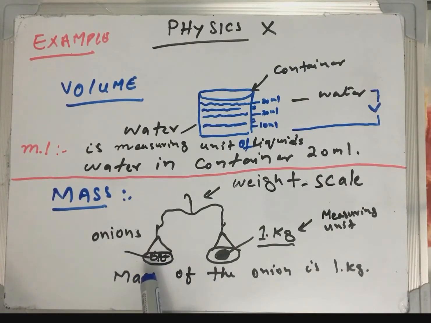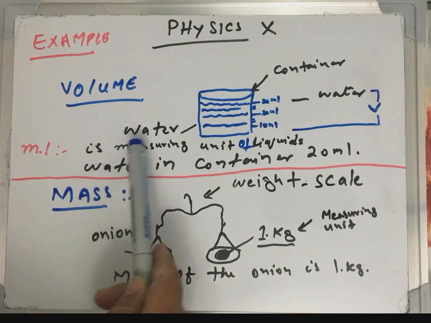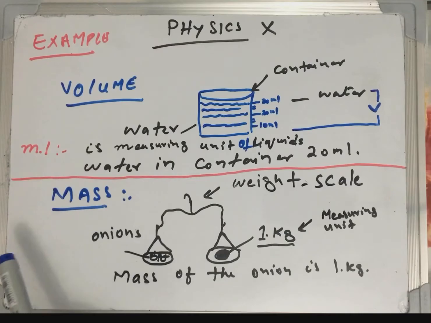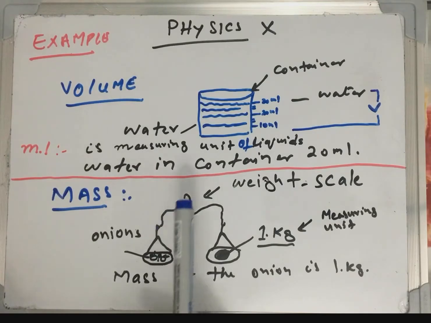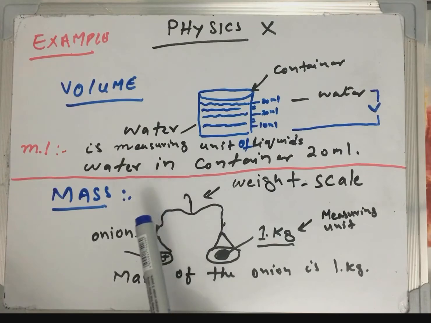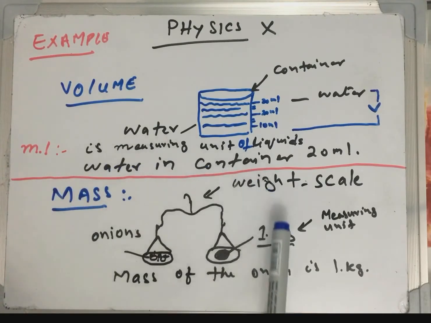So this is the mass and this is the volume. Matter is what occupies space and also has mass. That is called matter.